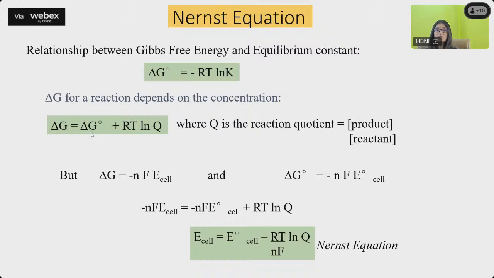So delta G is delta G0 plus RT ln Q, where Q is the reaction quotient, the concentration of the product over the concentration of the reactant. Using this equation and the equation that delta G is equal to minus nF E cell, if you substitute it, you will get your cell potential, E cell equals E0 cell minus RT by nF ln Q, and this is nothing but your Nernst equation.